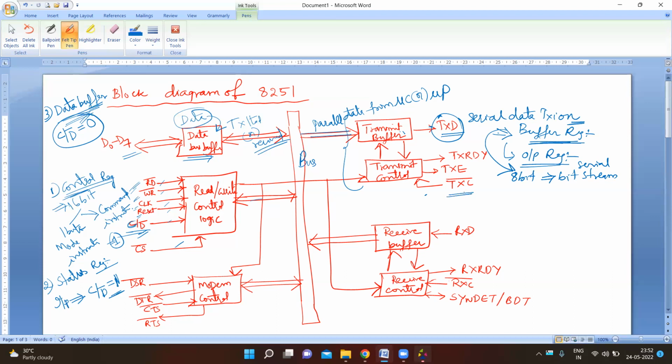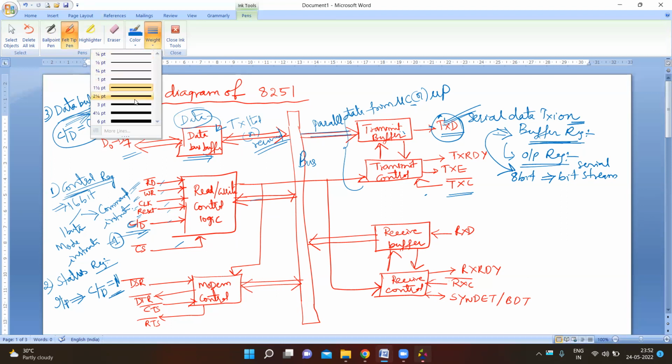This is an input signal that controls the rate at which data is transmitted serially, like 16 or 64 times the baud rate, and this decides the rate at which we transmit data to external peripherals. TXD is the data line, where serial bits are transmitted.